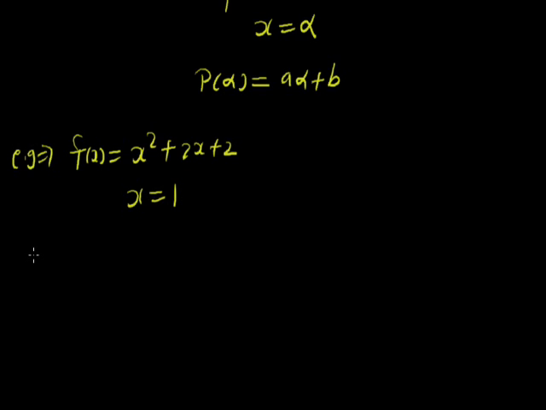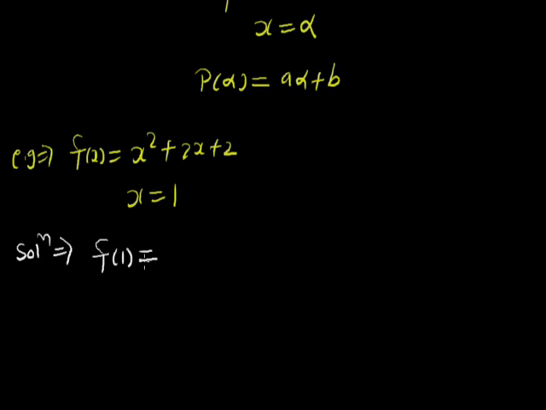For finding the value of this polynomial at x is equal to 1, we simply put x is equal to 1 in place of x in the given polynomial expression. So we have to find f of 1.